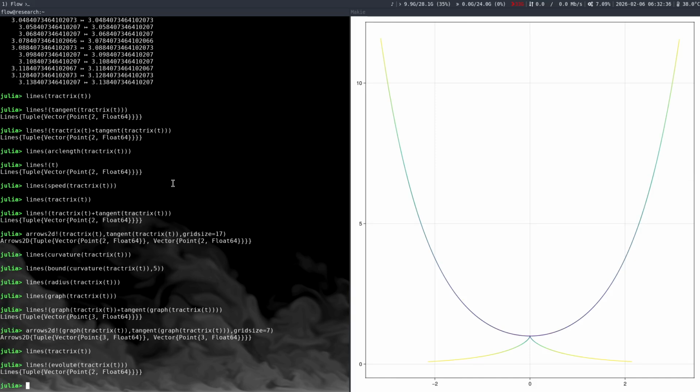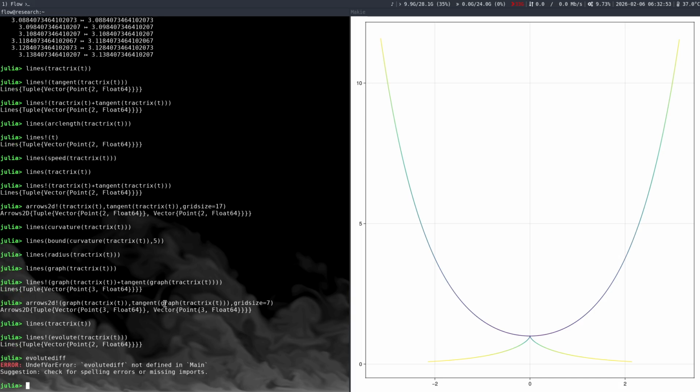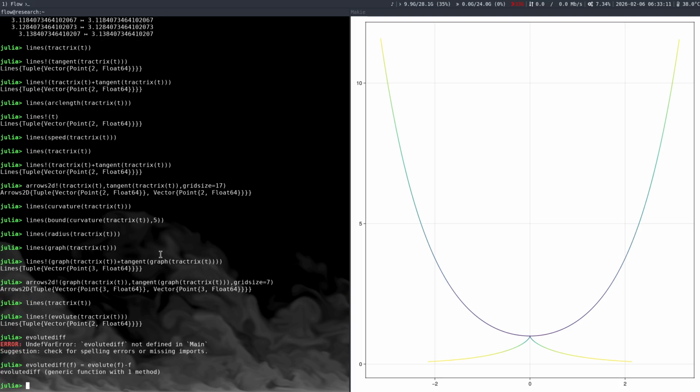And if we define evolute of f minus f, we can get these, basically these arrows.